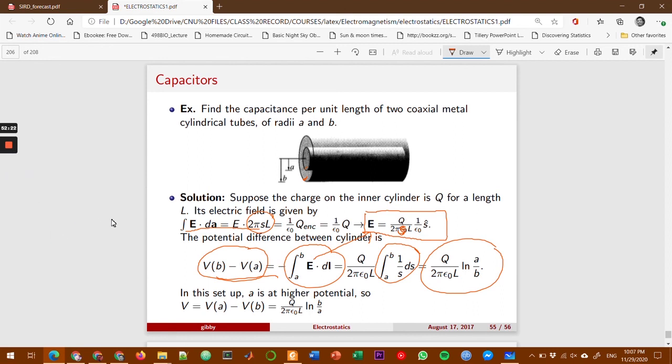It says here that we assume the inner is positive Q and the outer is negative Q. So A is at higher potential because it is positive Q, and B is negative Q. So instead of this, we can flip it to get the potential difference: instead of ln of A over B, you get ln of B over A. So that's why we have this.